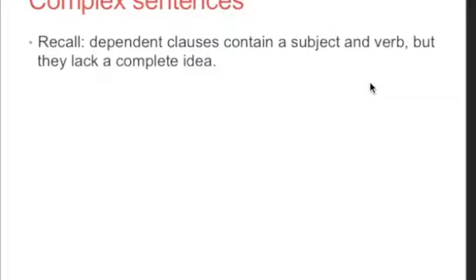Also remember that dependent clauses contain a subject and a verb like independent clauses. However, they do not express a complete idea. For example, I gave you this sentence in the very first video: she hated him. She is the subject, hated is the verb, him completes the idea, right? She hated him. I guess you could just have "she hated" as the complete idea as well. However, in that example, I gave you a direct object.